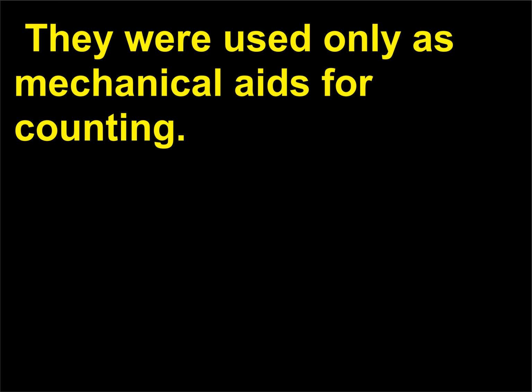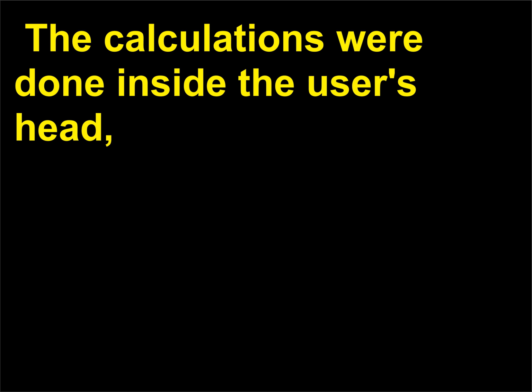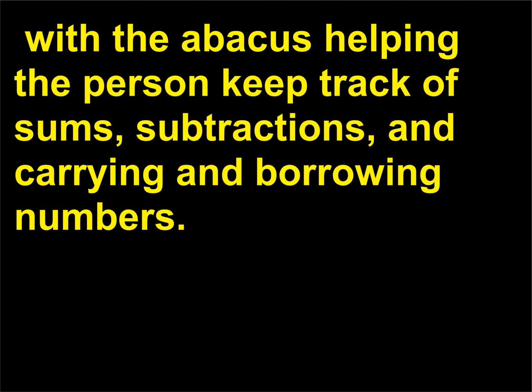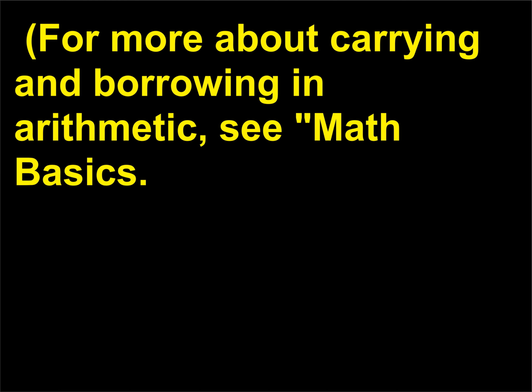They were used only as mechanical aids for counting. The calculations were done inside the user's head, with the abacus helping the person keep track of sums, subtractions, and carrying and borrowing numbers. For more about carrying and borrowing in arithmetic, see Math Basics.